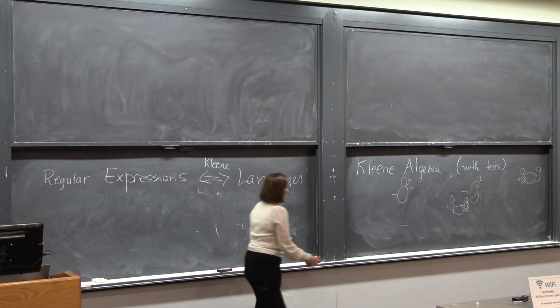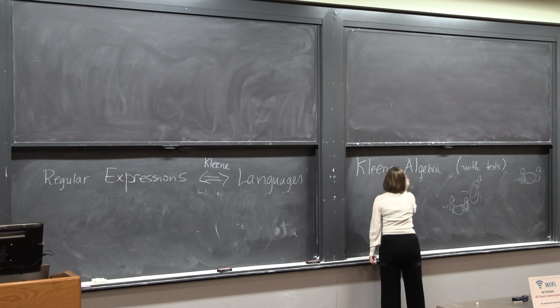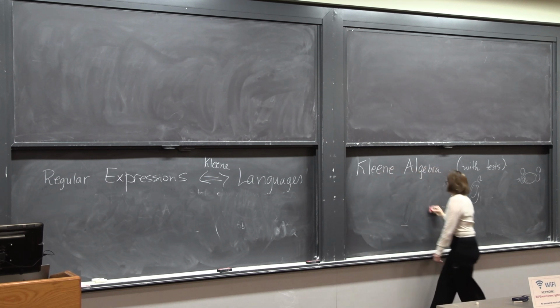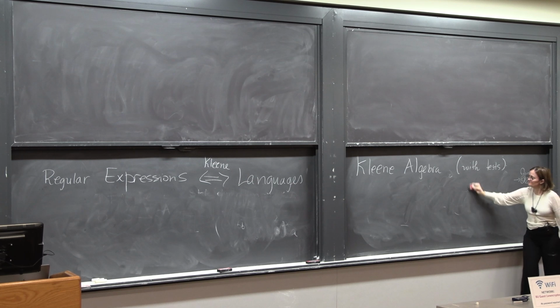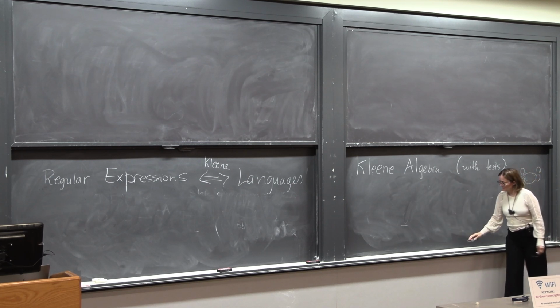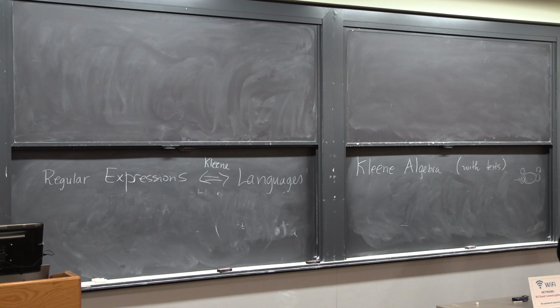Okay, so we've been talking about regular languages and regular expressions. We already briefly touched upon this, but if I ask all of you to write an expression that describes a certain language, like the language of words where the number of ones is divisible by 3, we might end up with very different regular expressions across the room.